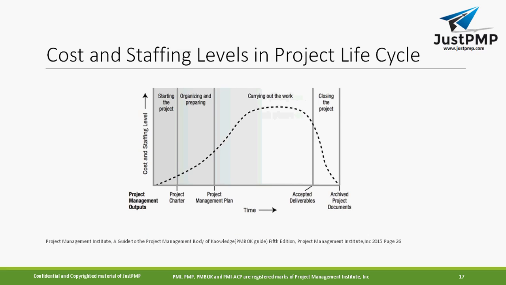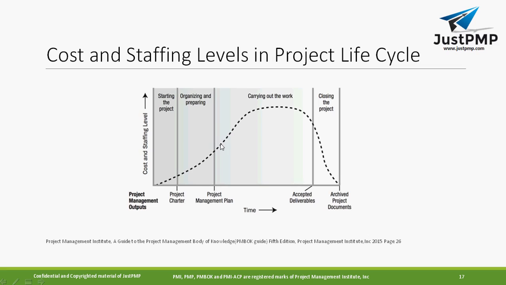Okay, the cost and staffing levels in the project life cycle. This is very important, so let me show you. If you see this, at the initial phase your cost and staffing level is low, but as things progress after the project starts, and the project manager has to organize and prepare, it takes more time. The cost and staffing level increases as soon as you enter the phase of carrying out the project work.